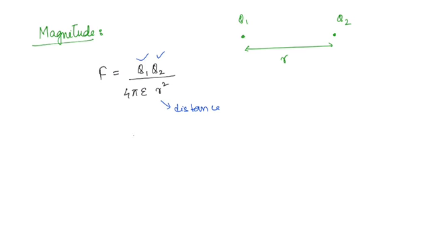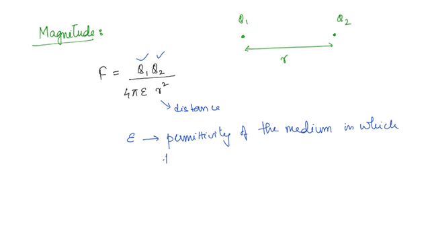And what about epsilon? Epsilon is called the permittivity, the permittivity of the medium in which the charges are placed. If it is placed in air, then epsilon will become epsilon naught, which is the permittivity of free space.